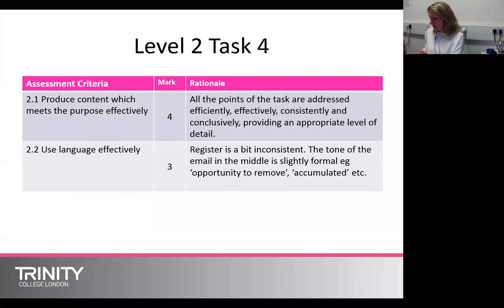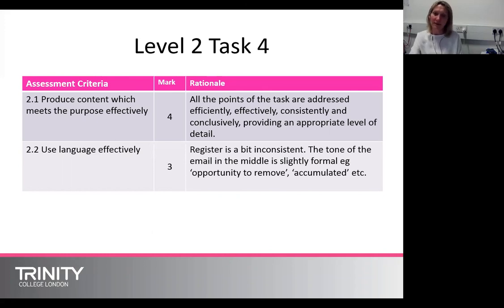Now, the question I sometimes ask when we're looking at candidate scripts is, does this candidate pass or does the candidate fail? And when I mark the script, I don't look at is this a pass or a fail script. We look at the assessment criteria, we look at the amplification, generic performance descriptor, and we assign each mark.